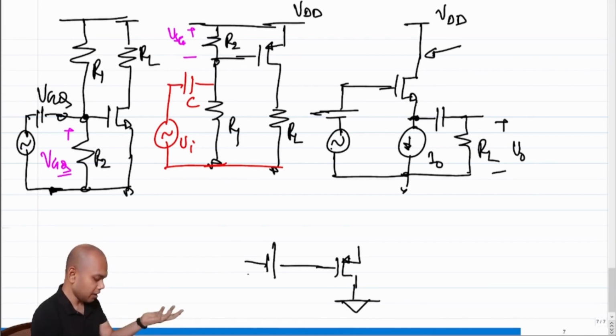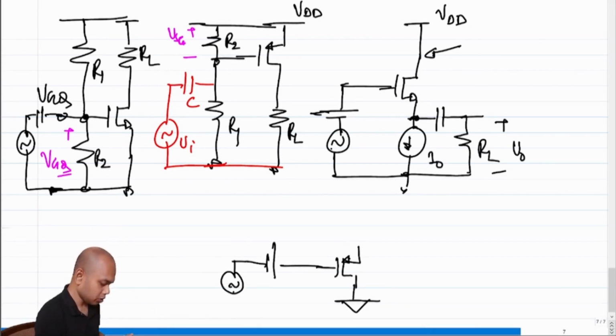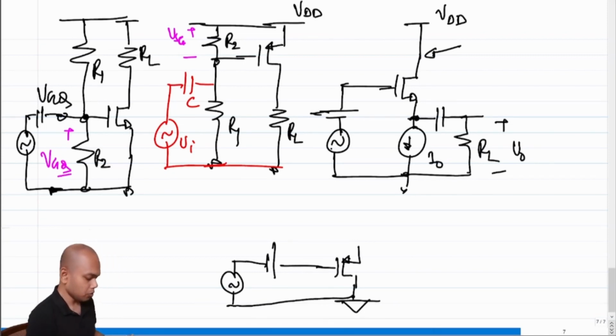Gate is biased again, so you can bias it in any of your favorite ways. I am showing the easiest way to bias. Obviously we know by now that this cannot be done. We need other ways of biasing. What is connected to the source here? We were feeding current out of the source, right? In case of a PMOS, we have to feed current into the source.